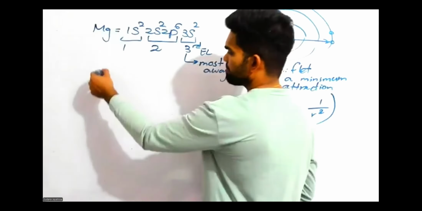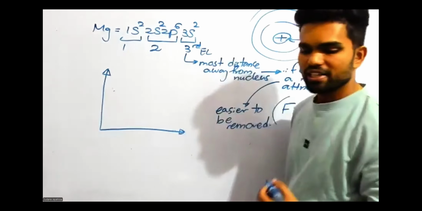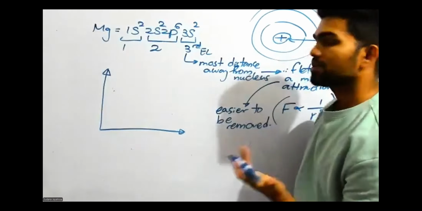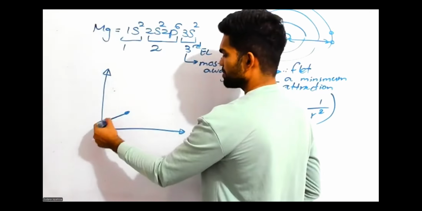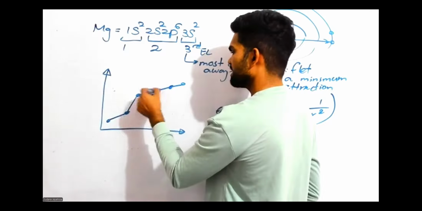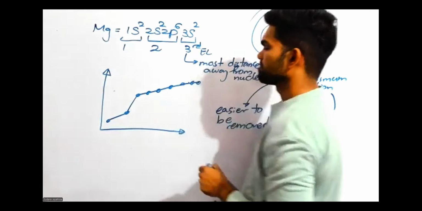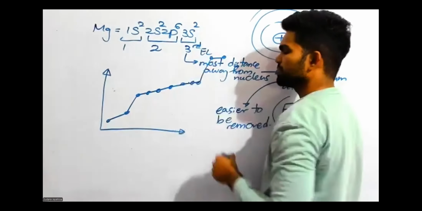It is very easy to remove these 2 electrons. When you supply energy to this atom, which electrons will be easily removed? The outermost electrons, magnesium's 3s2. Then to remove the other 8 electrons, you have to supply a higher energy, and the innermost electrons are very difficult to remove.